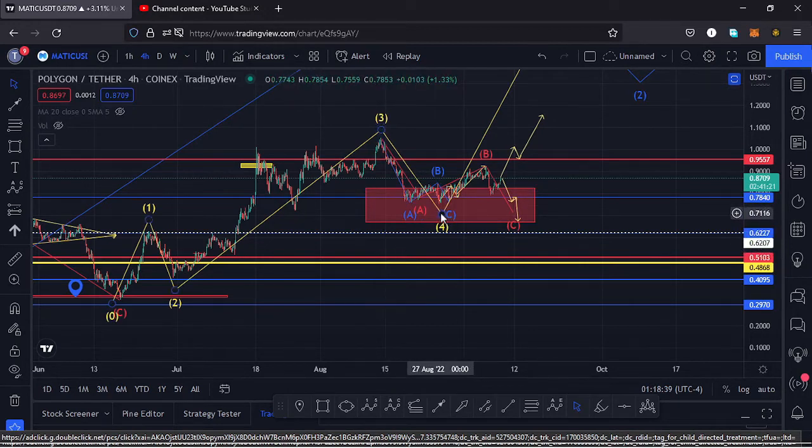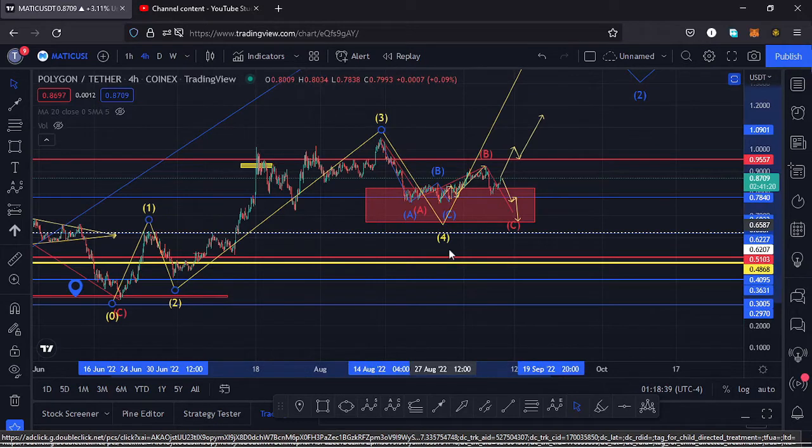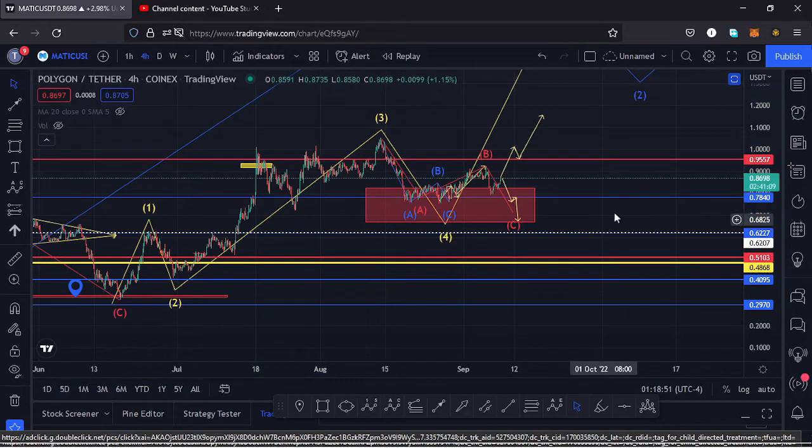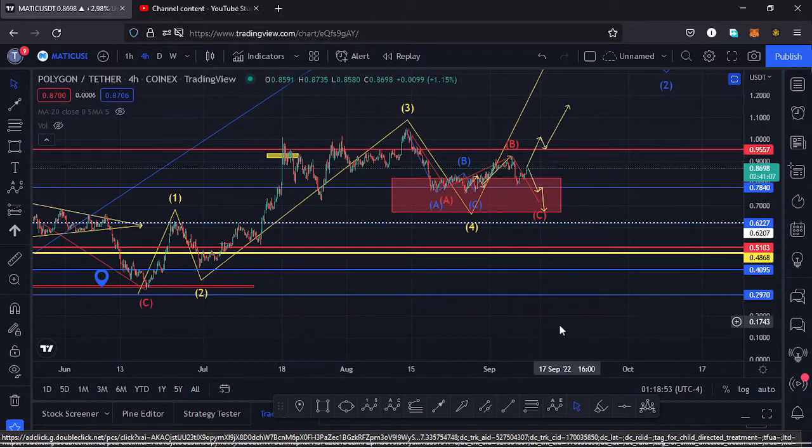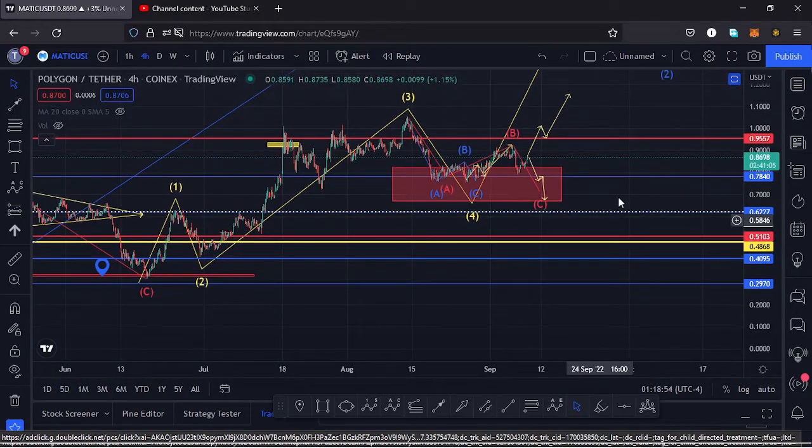So in case we continue seeing lower price back to around the $0.62 mark, then that will be invalidating my Elliot wave structure, and I'll have to remove it here on these charts, and also remove the target areas and look at this movement to the upside as something else. So let's be patient and see how that plays out.